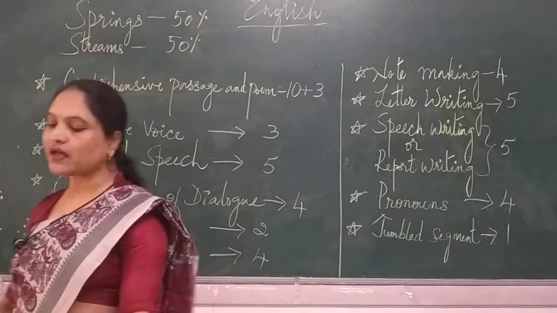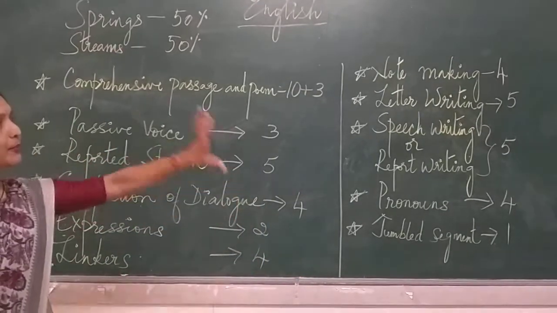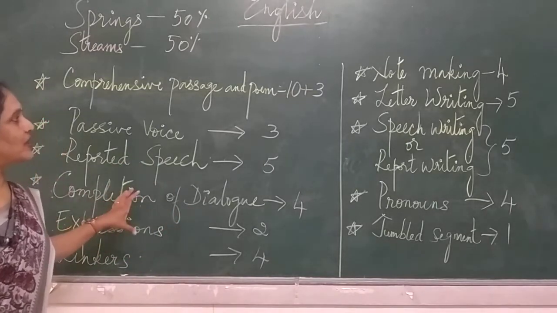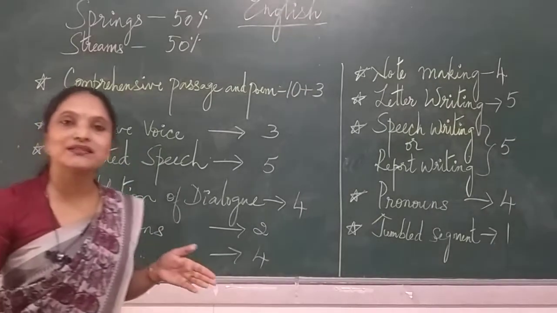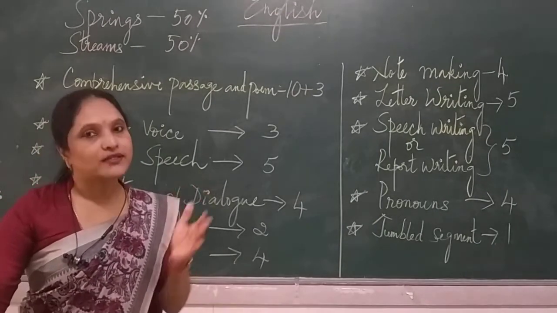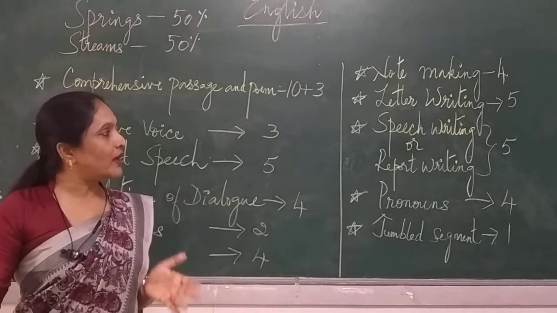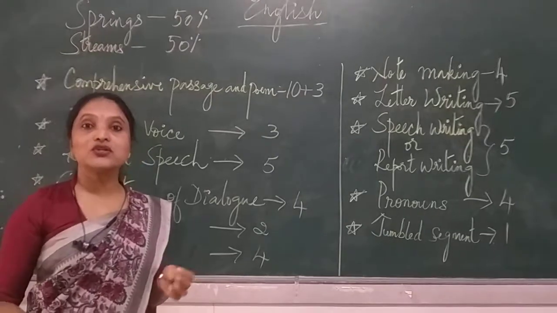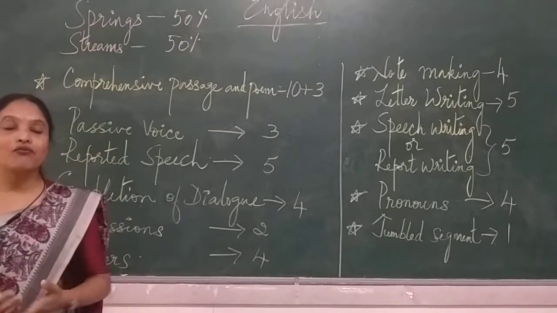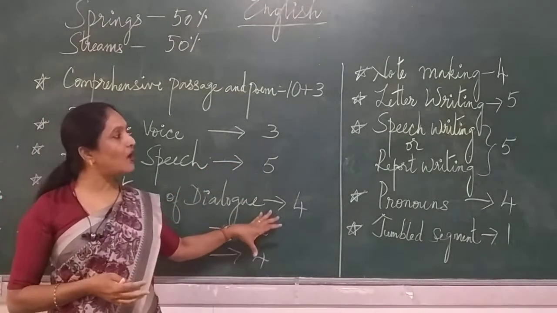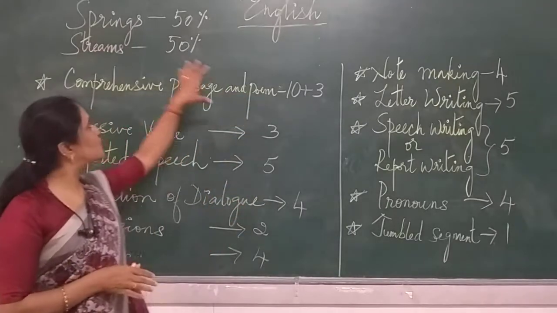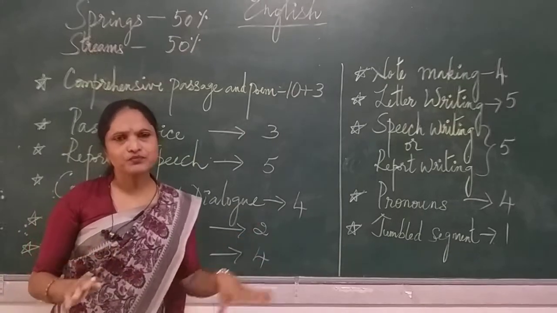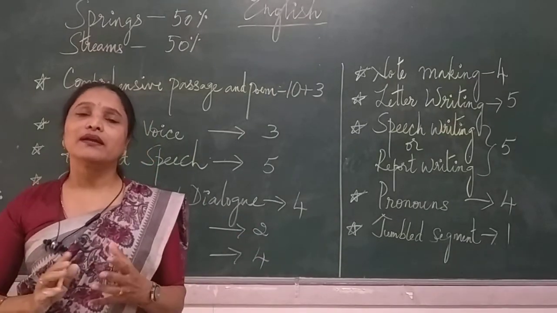So these are the very important points or concepts of grammar which you have in the annual exam question paper of 2nd PUC. Now I think you got the idea of what we have in Streams, that is the workbook, and also in the 2nd PUC grammar.